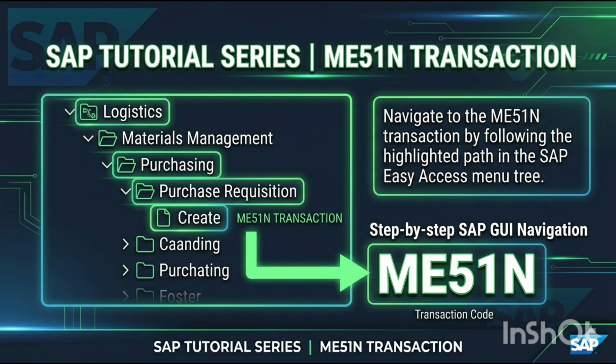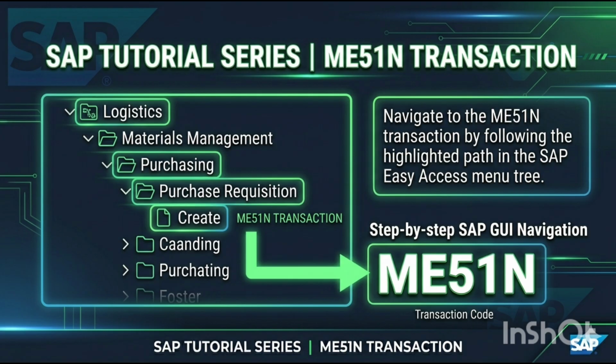Or the fastest way is to enter the transaction code ME51N directly in the command field and press enter. ME51N is the standard transaction used for creating purchase requisitions in the SAP MM module, and this screen is very user friendly once you understand the layout.